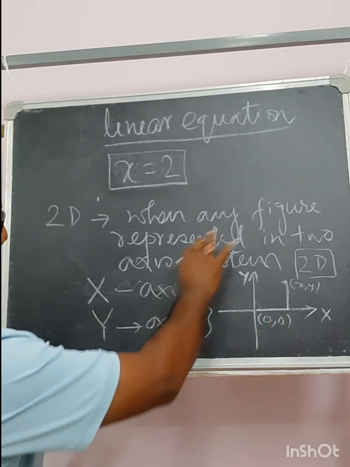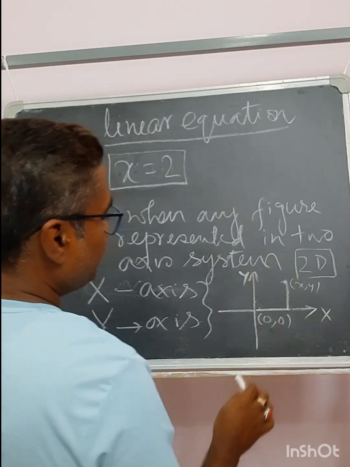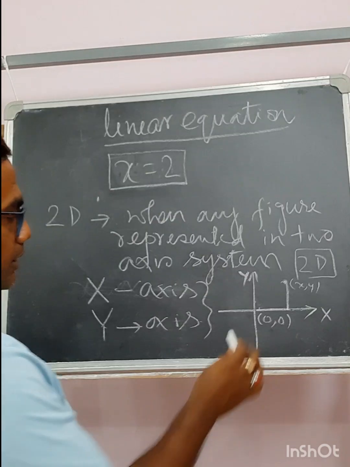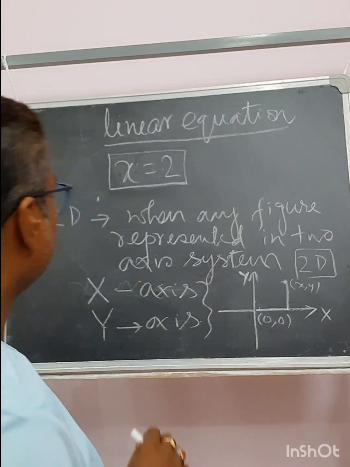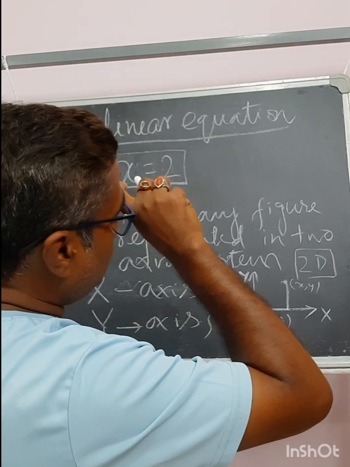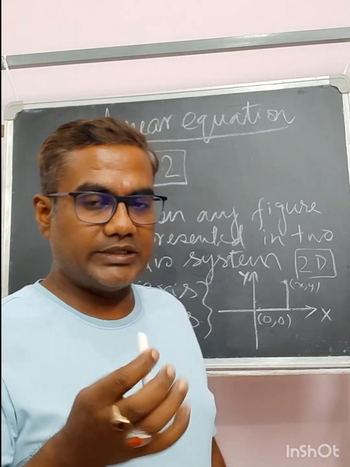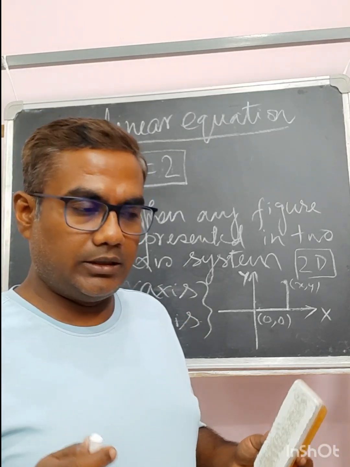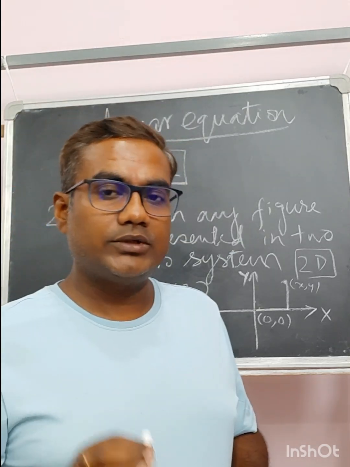So this as a whole is a two-dimensional surface where any object I represent is in the form of two dimensions. You can understand that in this universe, anything which I can hold or that has any existence always has three dimensions.